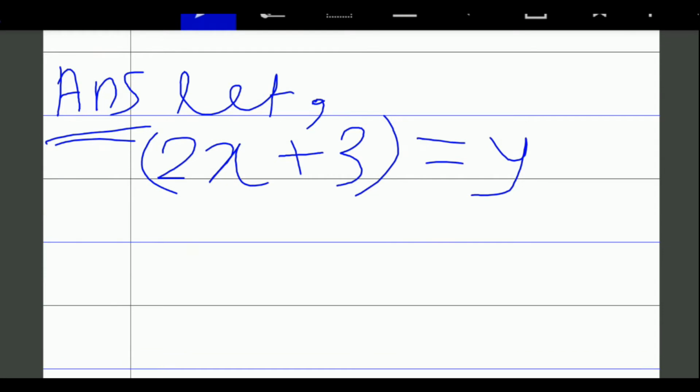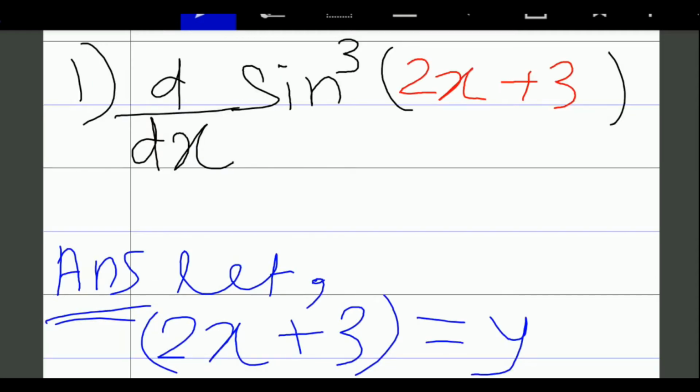Before I solve this, I am going to tell you some rules which I will use here. The first rule is for the cube, then for sin x, then for 2x plus 3. The first rule is for the cube, as I told you before, that the formula would be x raised to n, that is n x raised to n minus 1.